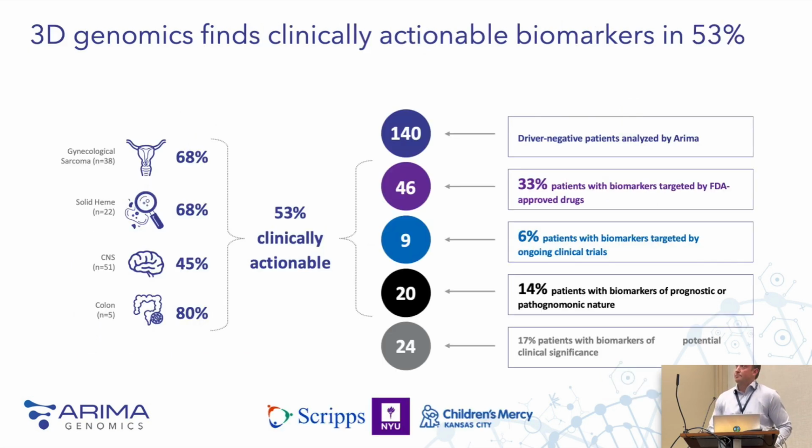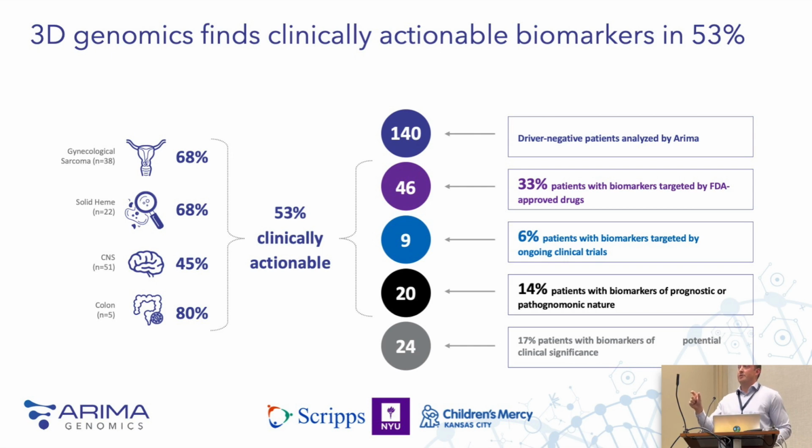So that brings me to my last couple of slides here. We've analyzed in total 140 driver-negative patient tumors. 122 of those were with Dr. Snuderl. And of those 140, we're able to identify a fusion that implicates a biomarker that is the target of an already approved, FDA-approved on-market therapy.